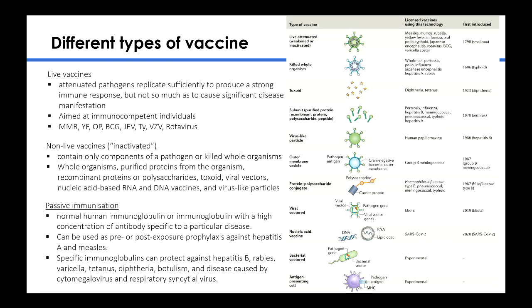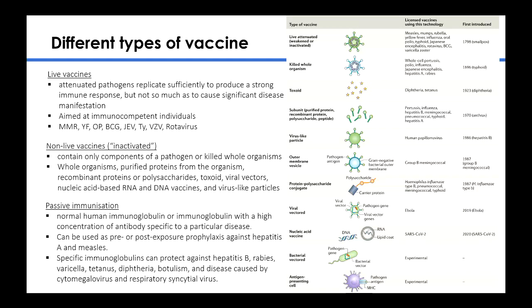Passive immunization is not really a vaccine, but I think it's important we remember that it exists. It's part of treatment in some cases. For some diseases you have the vaccine against that disease, but also human immunoglobulin. That's given when the patient has not been vaccinated or there is a serious risk for that particular disease to develop.